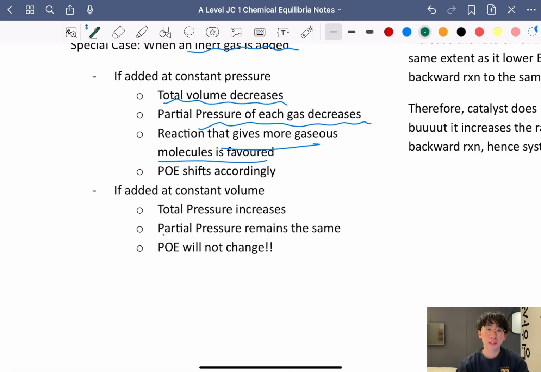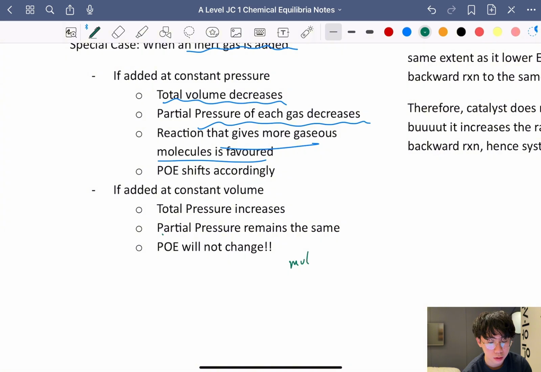But the number of moles of my original gases does not increase, so the molar fraction decreases for the original gases, but my total pressure increases. And because molar fraction times the total pressure gives the partial pressure of the gas, this means that the partial pressure of the original gases remains the same, and therefore the position of equilibrium will not change.